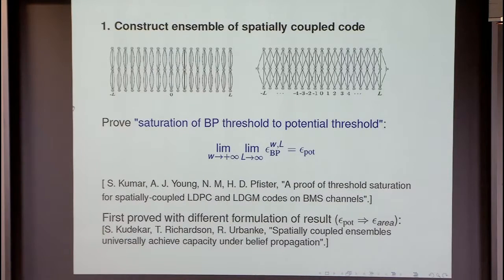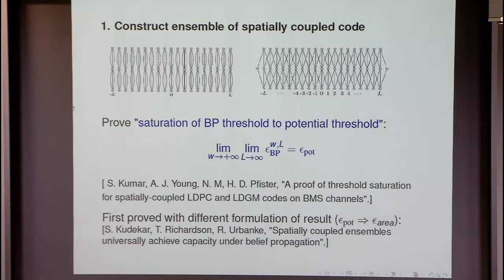Okay, so the main step of the proof is to construct this ensemble of spatially coupled codes that I vaguely explained before. So we align 2L+1 ensembles of standard LDPC codes, and we couple the codes in such a way that we create a seed where the bits at the boundary are more or less known.